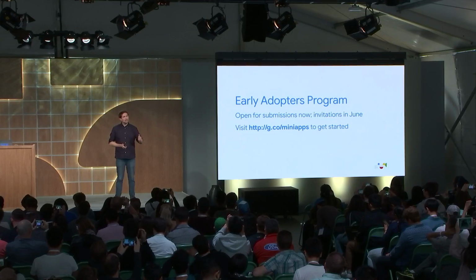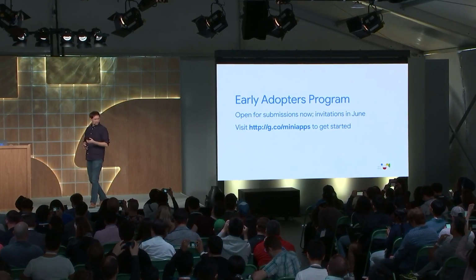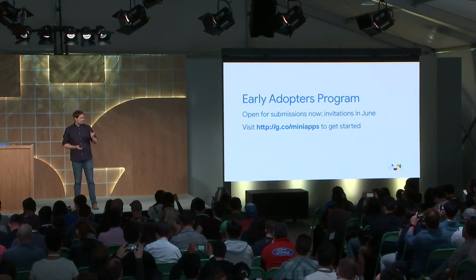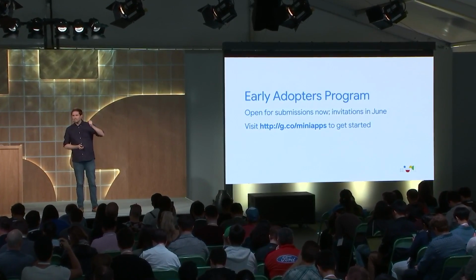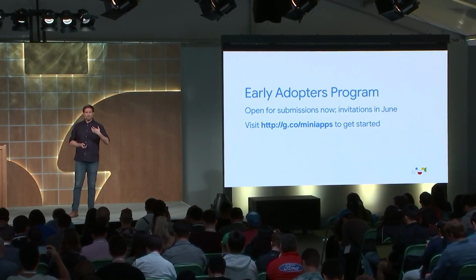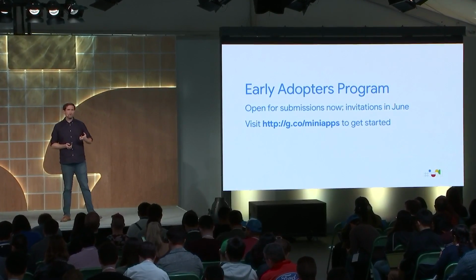So today I'm excited to announce that we're opening up an early adopters program for mini apps. The submissions are open now, and the invitations are coming in June for those first submissions. Please go to g.co/miniapps to get started. As I mentioned, we're really excited to say, what do you all want to build with mini apps? How can you all engage users on Search and the Assistant with mini apps?